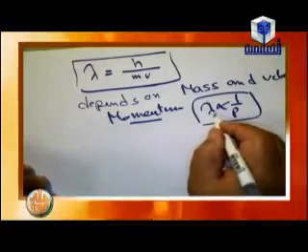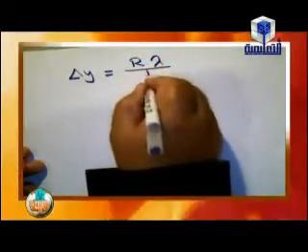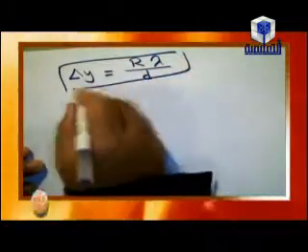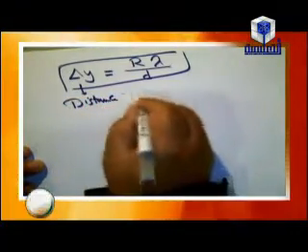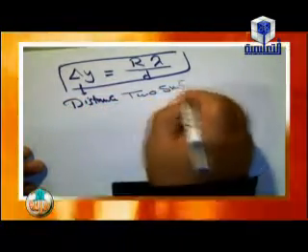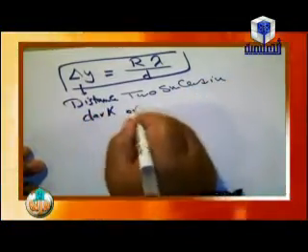The distance delta Y between any two successive similar rings in Young's experiment. In Thomas Young's experiment, delta Y equals R lambda over d. What is meant by delta Y? It is the distance between two successive dark or light rings.